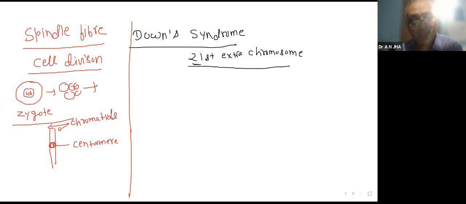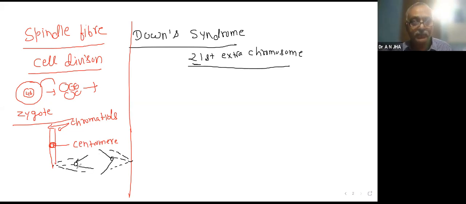During cell division, for formation of one cell to two cells, this chromosome also divides. So it breaks from here, breakage takes place from here, and a special protein pulls it to the opposite pole. This is the fiber-like structure, I'm writing, which pulls it apart like this.